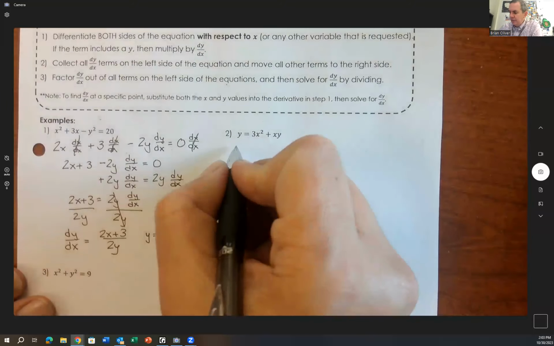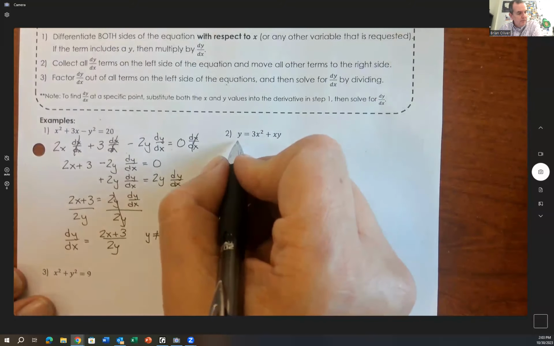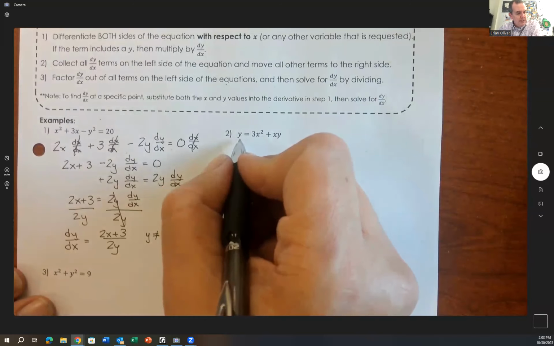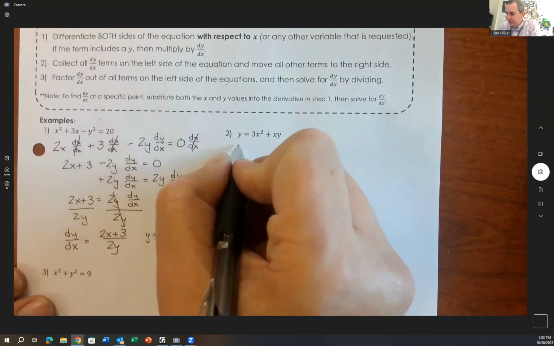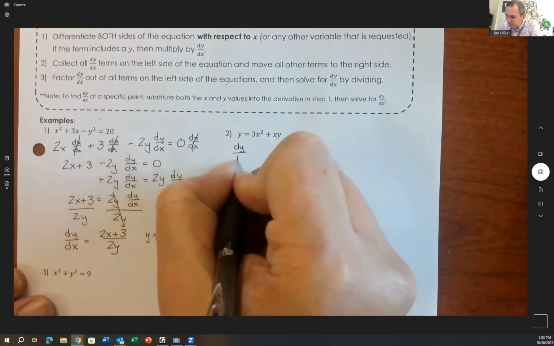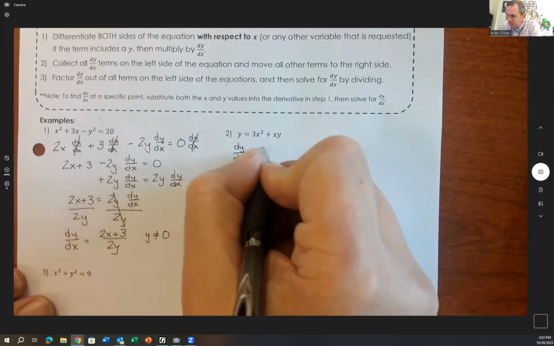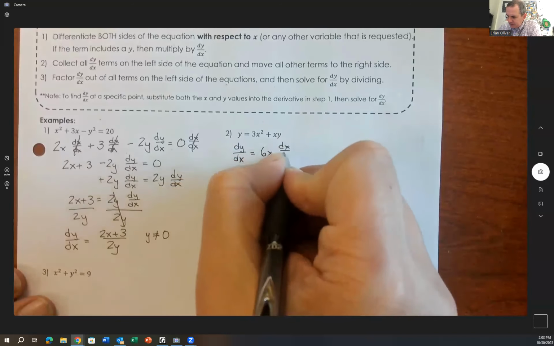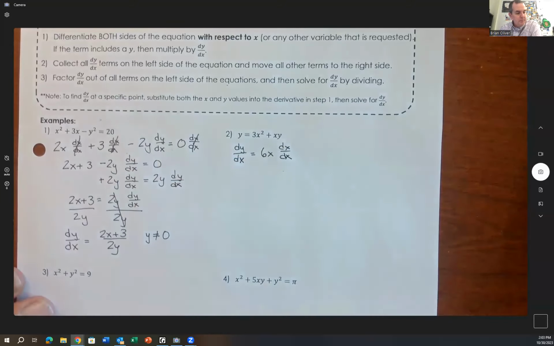So again, we're going to take our derivative. So our derivative of y is going to be, in this case, dy/dx equals 6x dx/dx. Now here comes the deal.